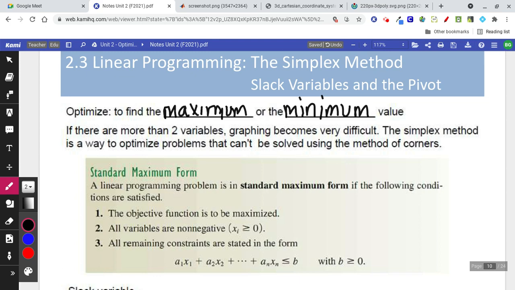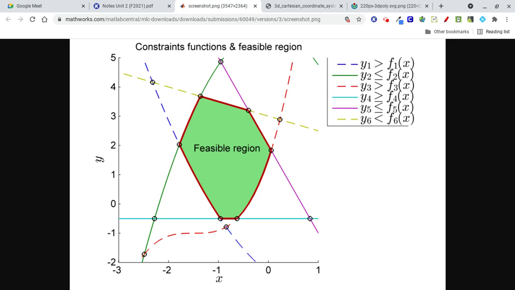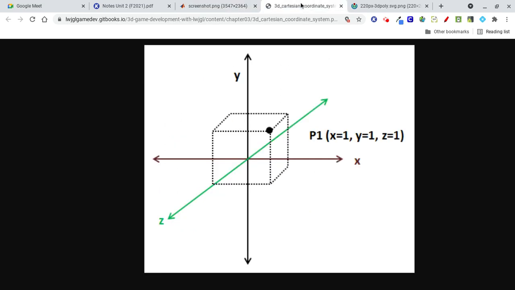Think about it. In the previous sections, we'd graph some two-dimensional feasible region, and then we just found the corners, and the maximum or the minimum was going to be one of those corners of the feasible region. But as soon as we go to three variables, we're graphing in 3 dimensions, and you're going to have some three-dimensional figure.